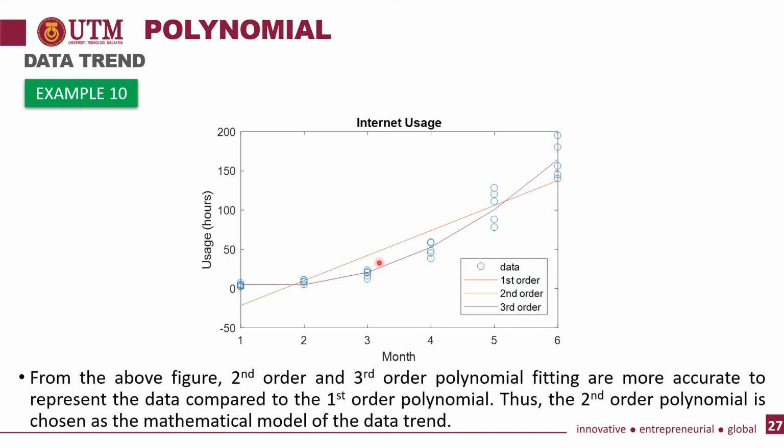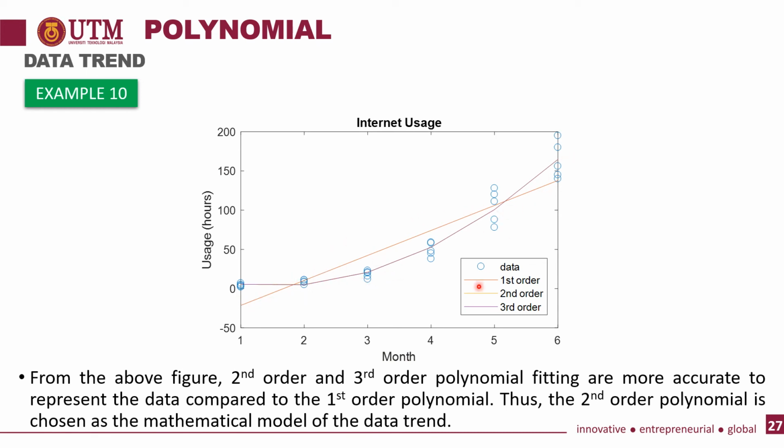But for the second and third order, the trend is quite similar. So we can say that second and third order are more accurate than the first order, because the first order doesn't exactly follow the trend of the data.